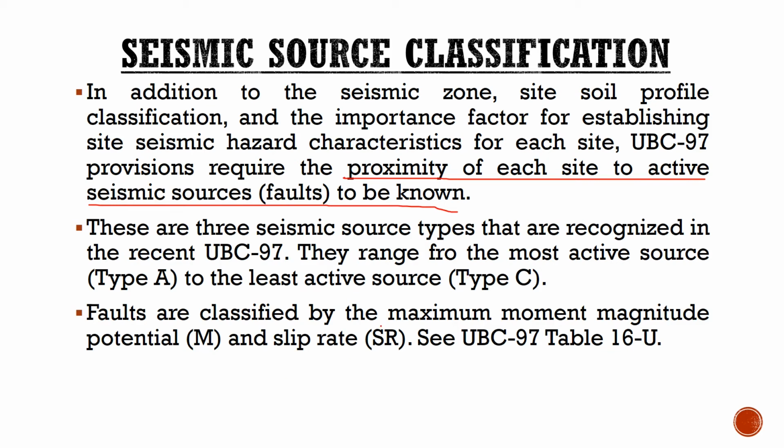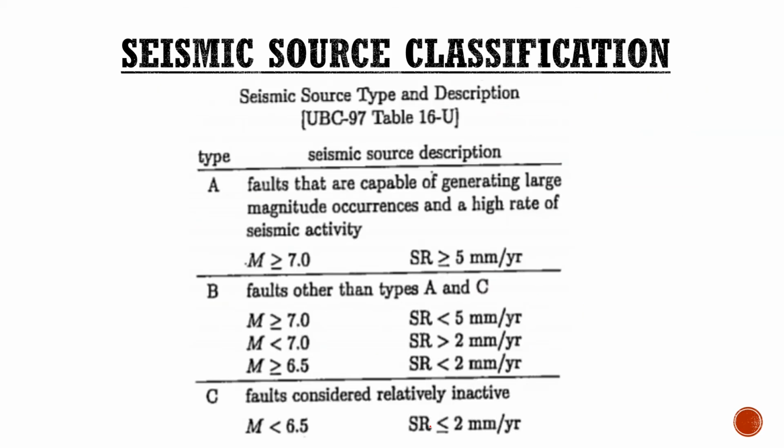So faults are classified by the maximum moment magnitude potential M and the slip rate SR. So let us see the UBC 97 table 16-U. So for type A, these are faults that are capable of generating large magnitude occurrences and a high rate of seismic activity.